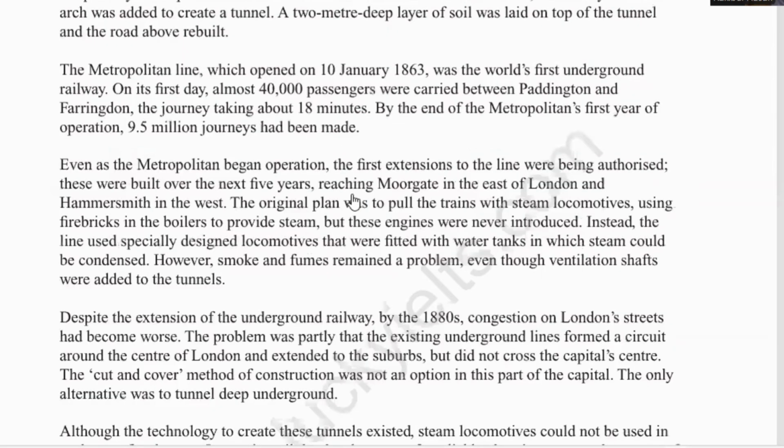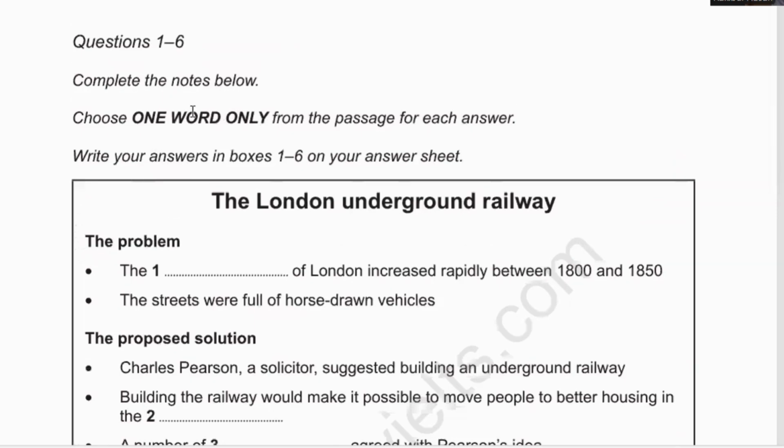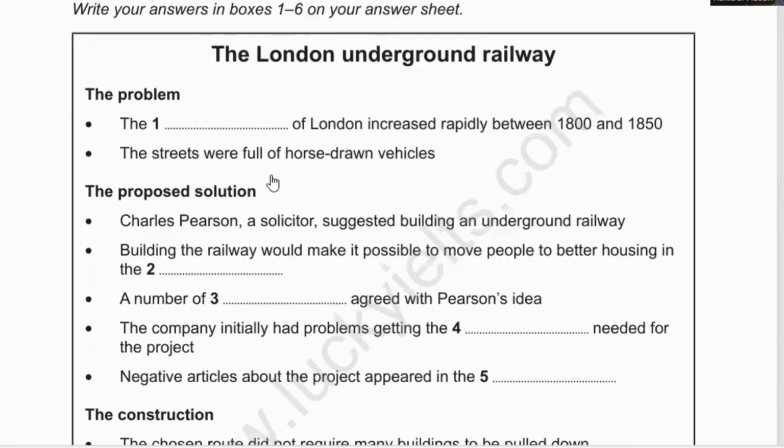In the questions, you can see there are questions 1 to 6 based on note completion, and it also mentions one word only. So you need to complete this note completion with only one word. This note completion question is normally in order.